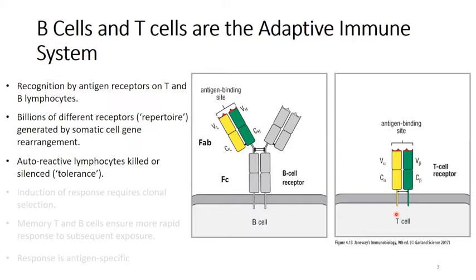The adaptive system uses antigen receptors. Both T cells and B cells have antigen receptors, and here's a diagram of those. Here is a B cell antigen receptor, and here is a T cell antigen receptor. You'll see by the color coding that the T cell receptor looks like just one of the arms of the B cell antigen receptor.